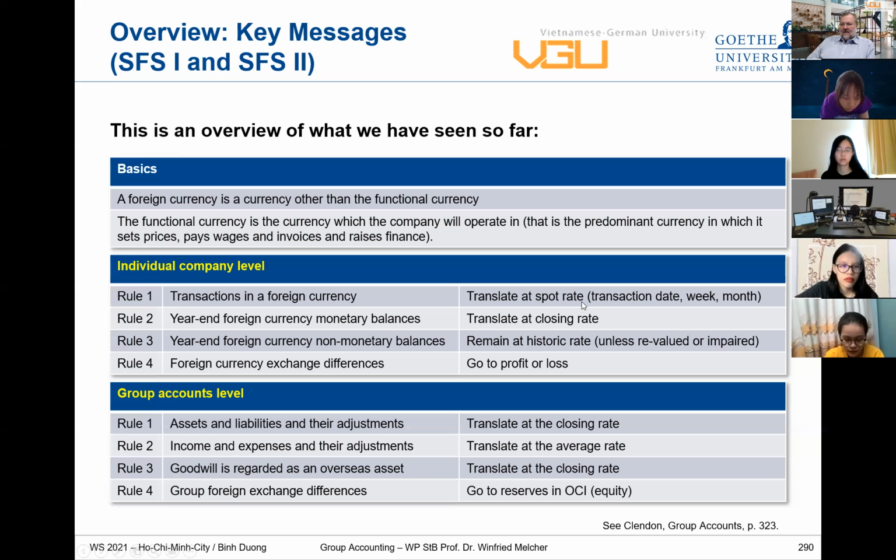So we will have either the rate of the date, when you are looking up the foreign currency rate for the transaction every day. Or you could also determine an average per week or an average per month that you would rather take.